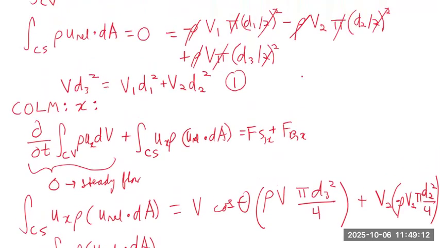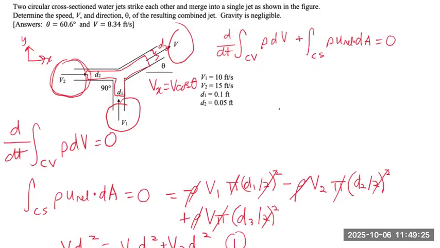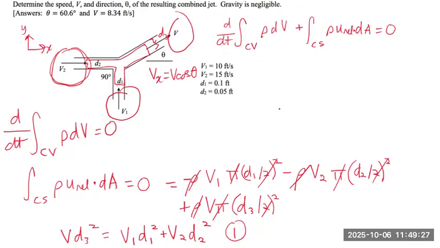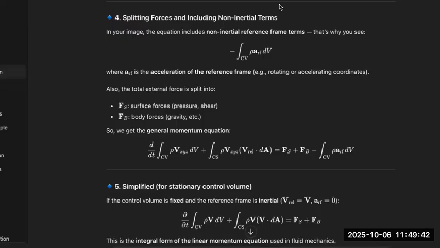And we have this last portion that we have to find, which is the force from the surface forces and the body forces. Are there any surface forces? First of all, what is a surface force? Let's review that. Surface forces result from pressure or shear, and body forces result from gravity.